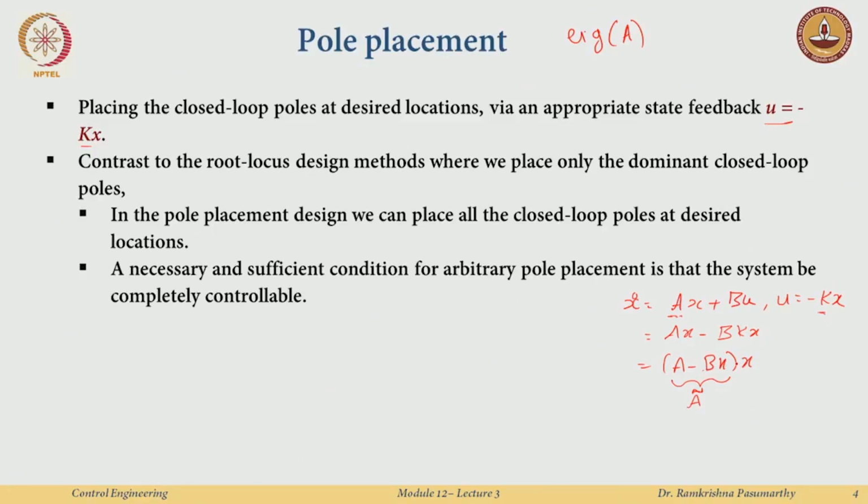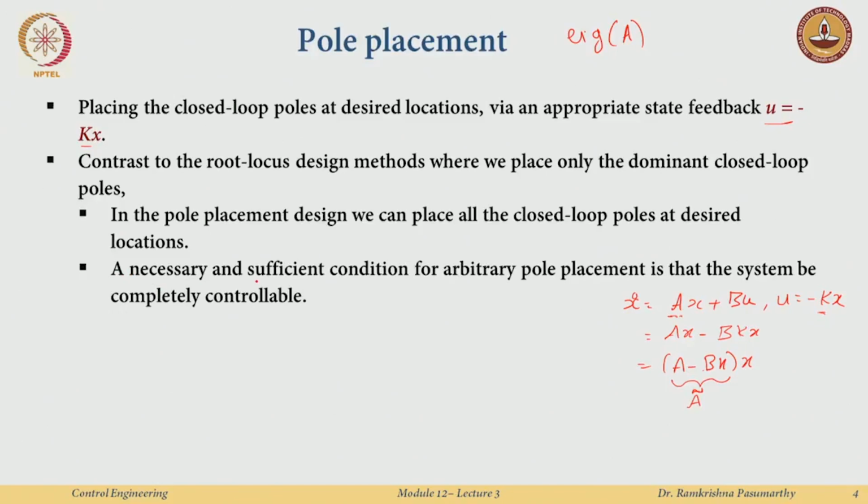So what is the contrast with root locus? Well, in the root locus methods, we were placing only the dominant closed loop poles, whereas in the pole placement design, we can place all the closed loop poles at desired locations. Okay. This is not surprising. Again, this is a good mathematical proof, but we will not do this. We will just learn this with some very small examples.